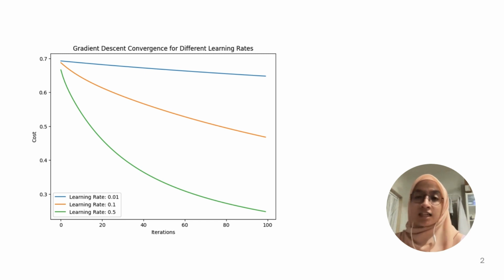As we can see from the chart, with a small learning rate, the blue line, convergence is very slow. The moderate learning rate, the orange line, balances speed and stability, while the higher learning rate, the green line, converges quickly. However, if the learning rate were too high, the model could diverge instead of converging.